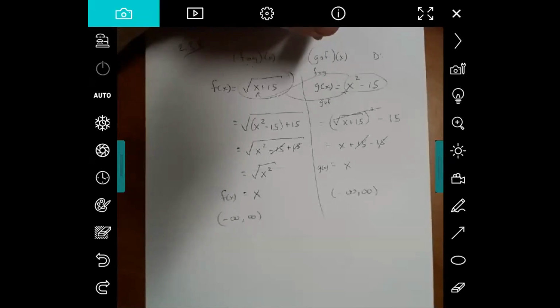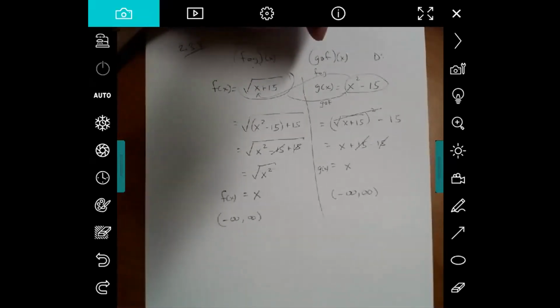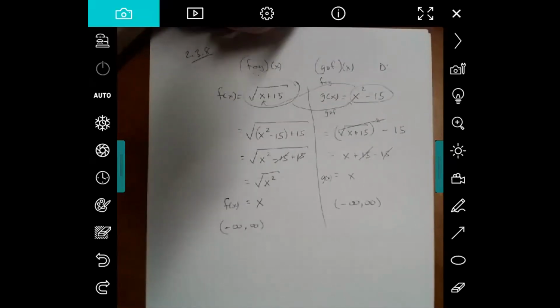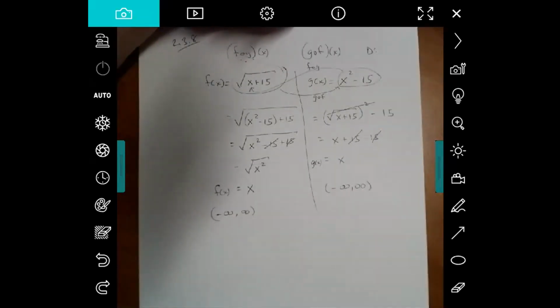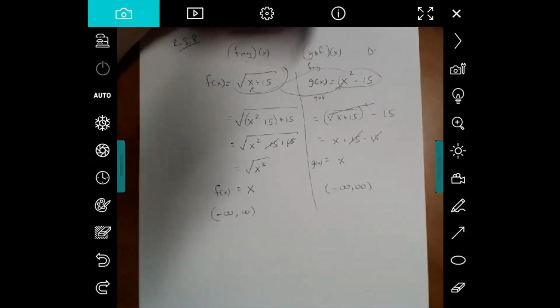Read the instructions. Now f of g of x. When I plug those in there, I don't know how far back it wants me to take it. So if I plug in g of x inside f of x, the 15s cancel, so I get the square root of x squared, which is just x. Oh, yes, its absolute value is plus or minus.